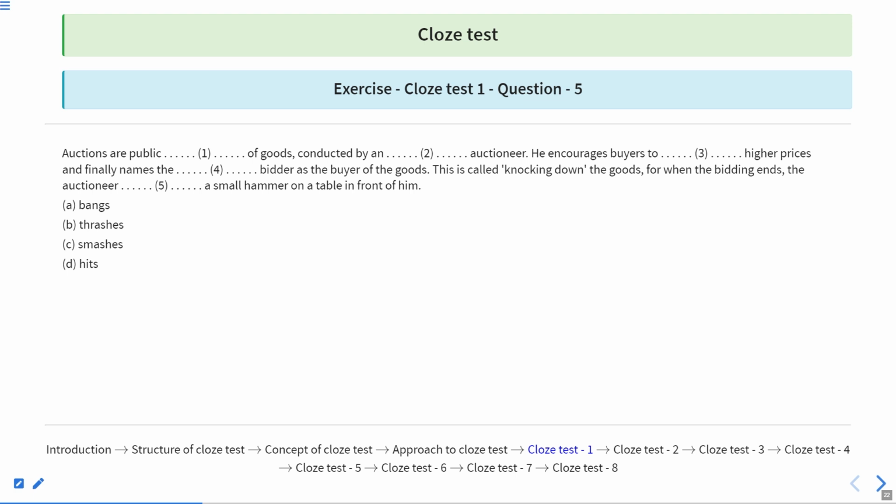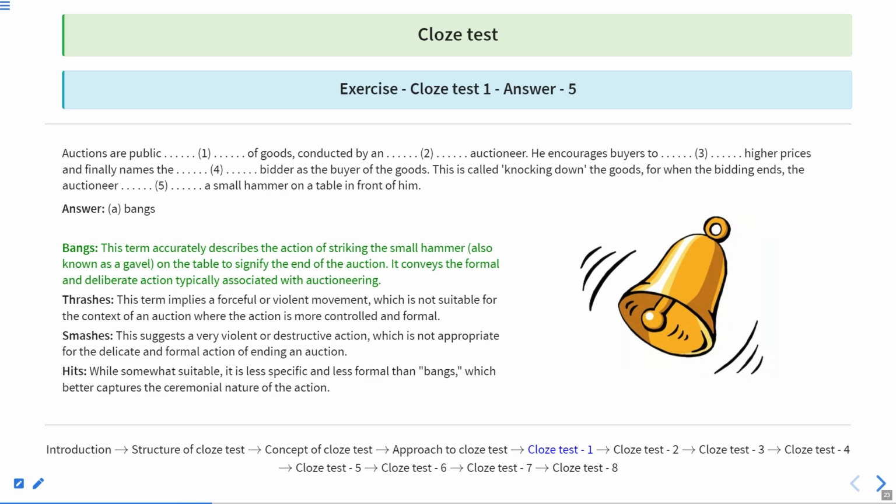Let us look at why. So bangs, this term accurately describes the action of striking with a small hammer. This hammer is incidentally called a gavel on the table to identify or signify the end of auction. It conveys the formal and deliberate action which is associated with auctioneering.